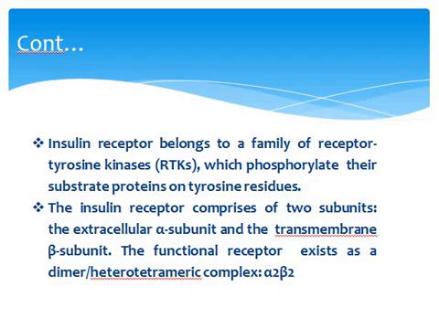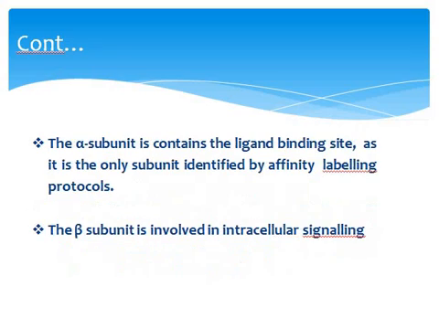The functional receptor exists as a dimer, that is, heterotetrameric complexes alpha 2 and beta 2. The alpha subunit contains the ligand binding site, as it is the only subunit identified by affinity labeling protocols, and the beta subunit is involved in intracellular signaling.